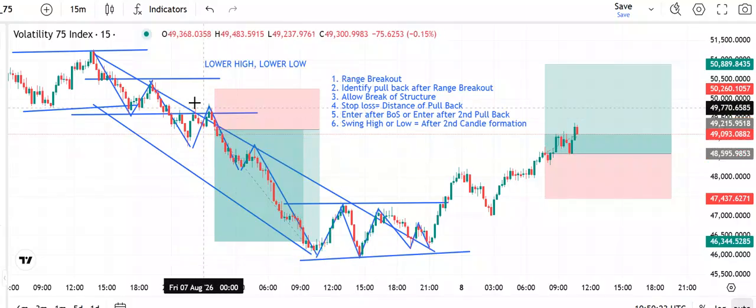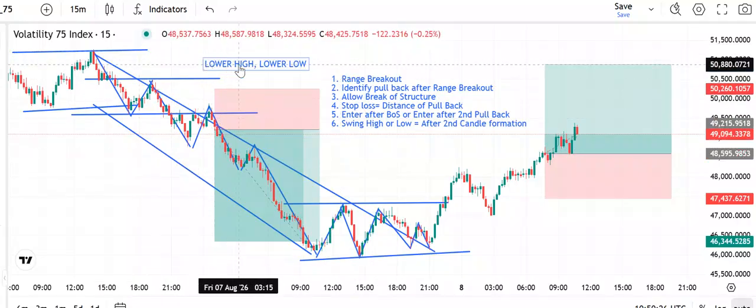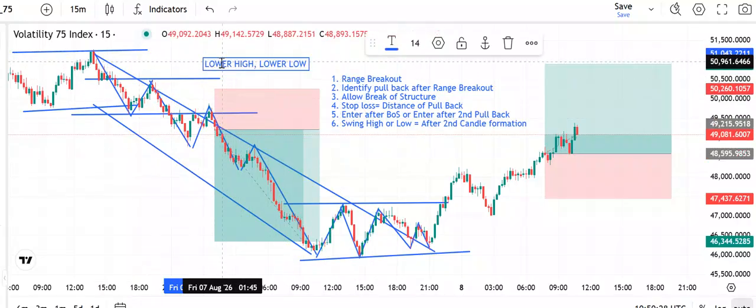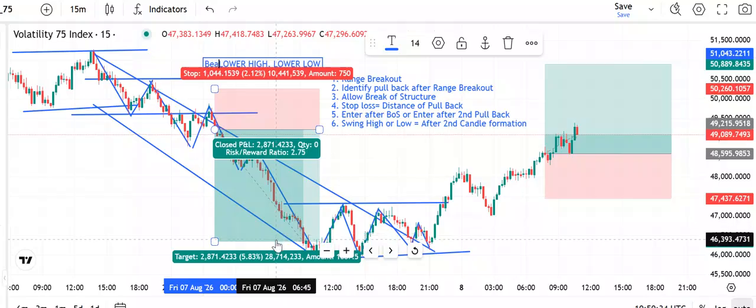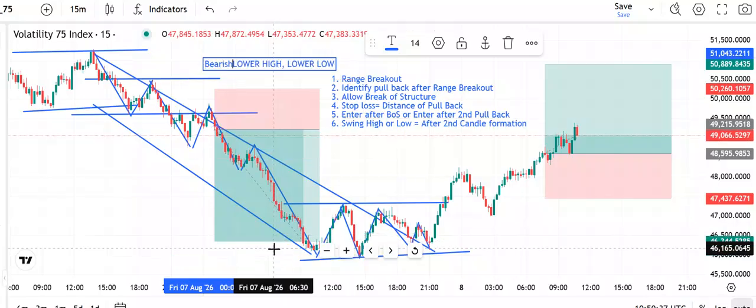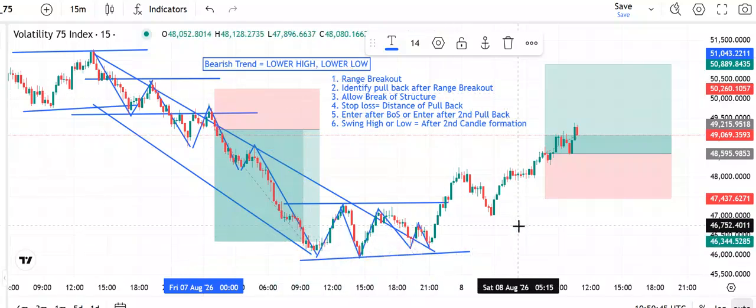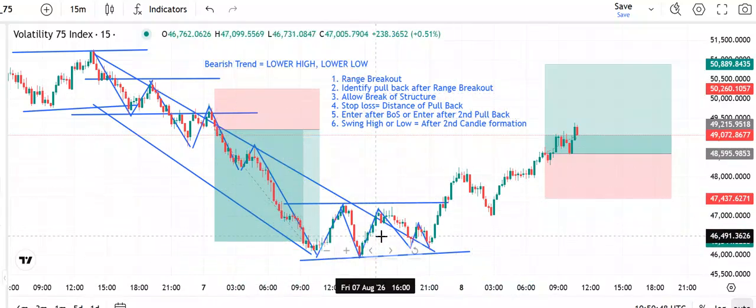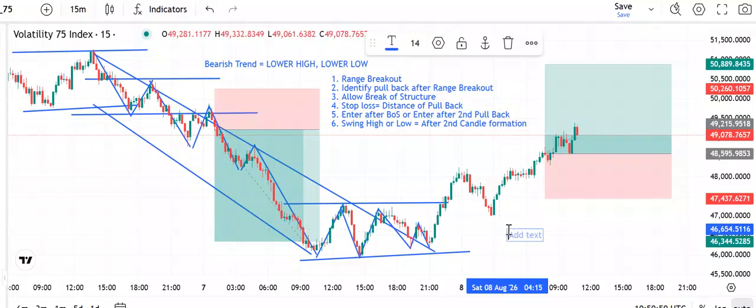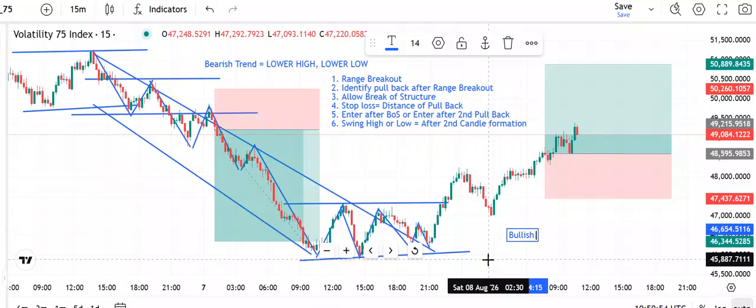So don't forget, when price starts to print lower high, lower low, that's bearish trend. You start to see lower high, lower low. Now, bullish trend.